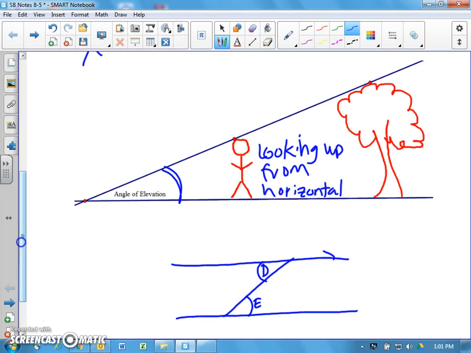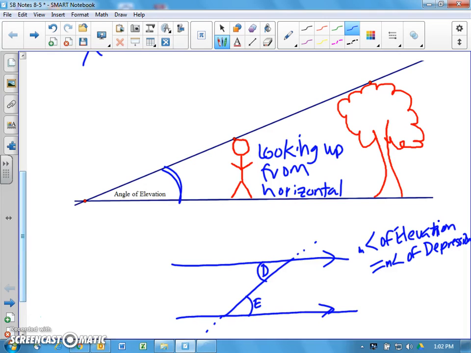If we look at these both being horizontal, that's going to make these parallel, which makes this a transversal, and my angles of depression and elevation are just alternate interior angles, which means my angle of elevation and my angle of depression would be the same. The measure of these angles would always be congruent.